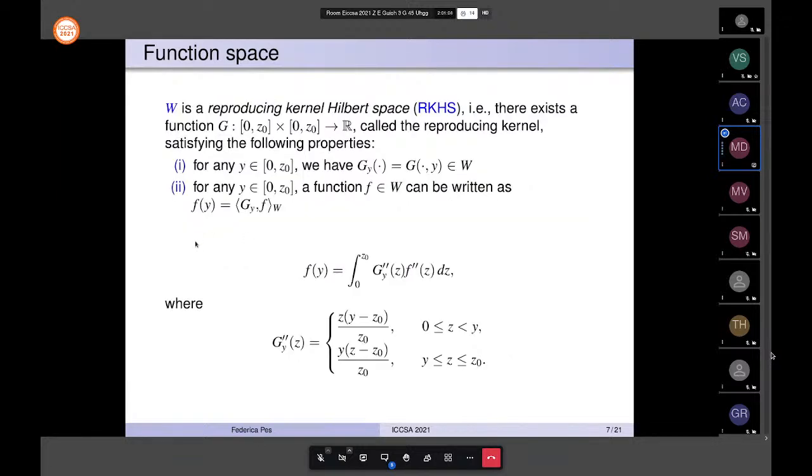We remark here that the space W is a reproducing kernel Hilbert space, that is, there exists a function G satisfying these two properties. The function G belongs to the space W, and any function f can be written as this inner product.